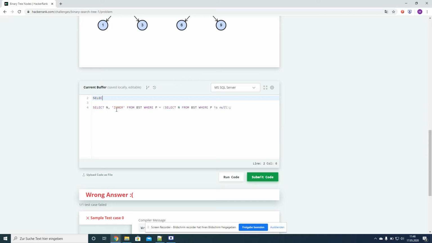Select n, I'm writing the root from BST where p is null. Now I want to union this one. See what comes out of here.